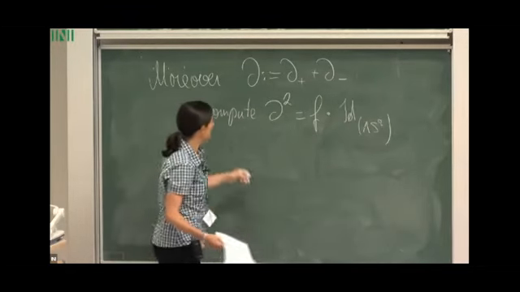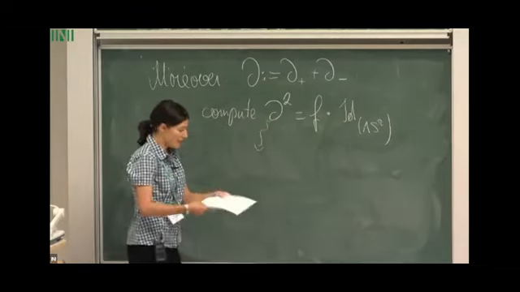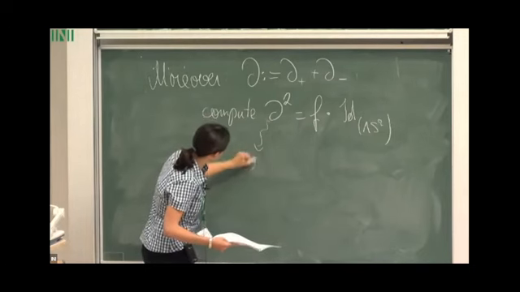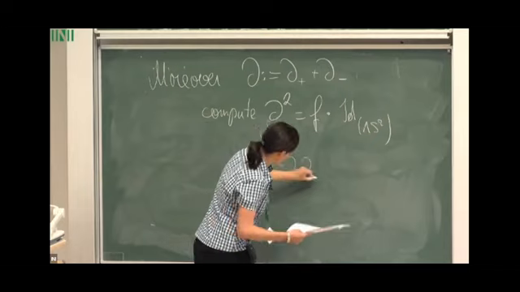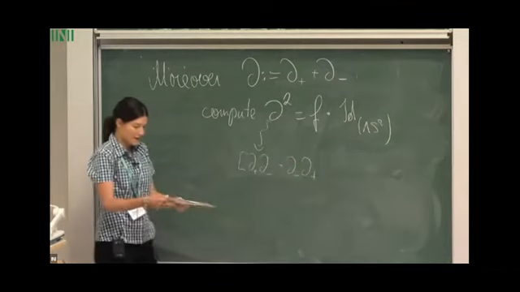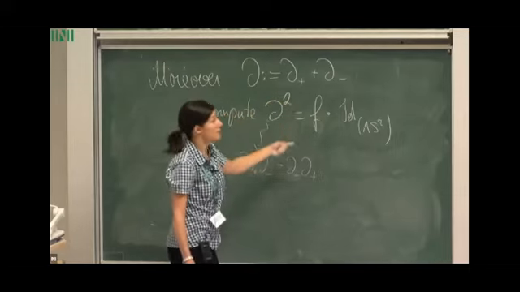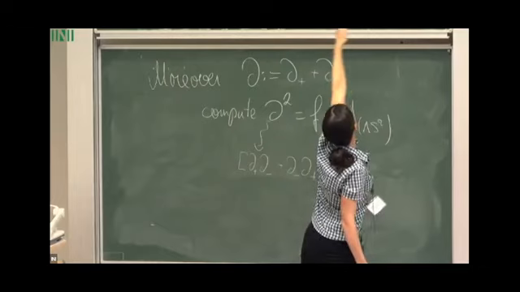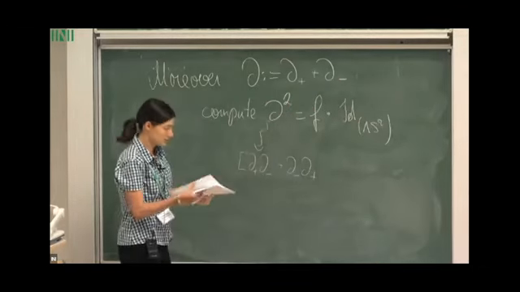If you really do the calculation, what you show is that delta squared is delta plus delta minus plus delta minus delta plus, and then apply this to a basis element and see what happens. And you see that f is just the sum of the x_i and y_j, and you get what you want.